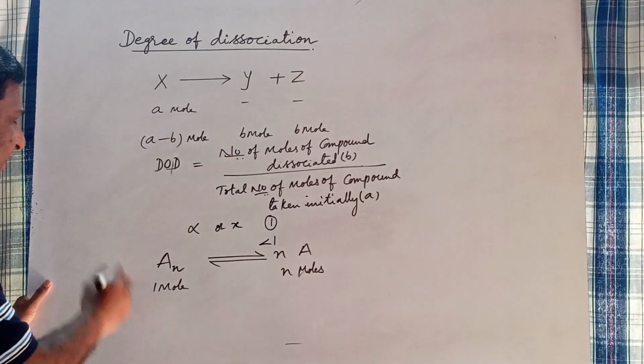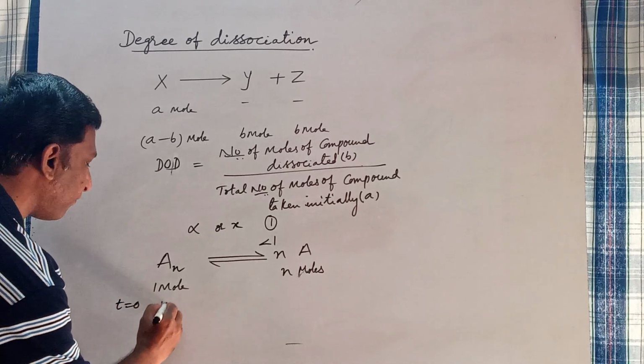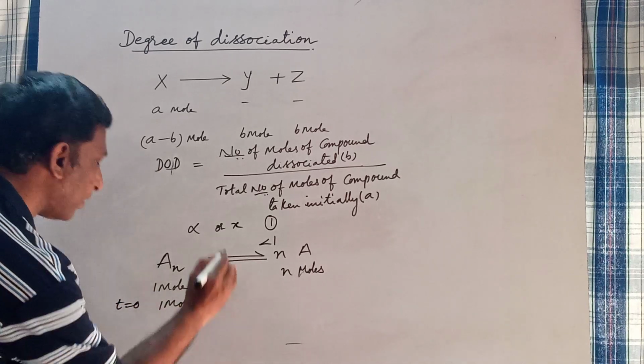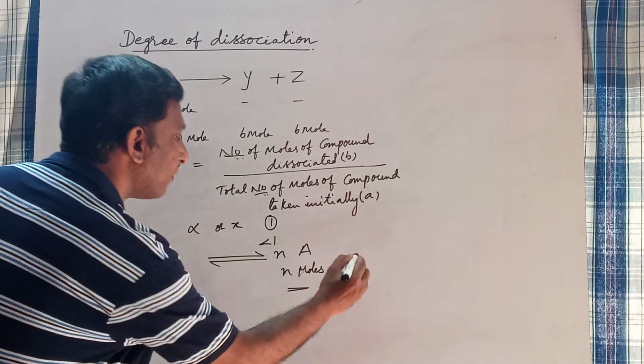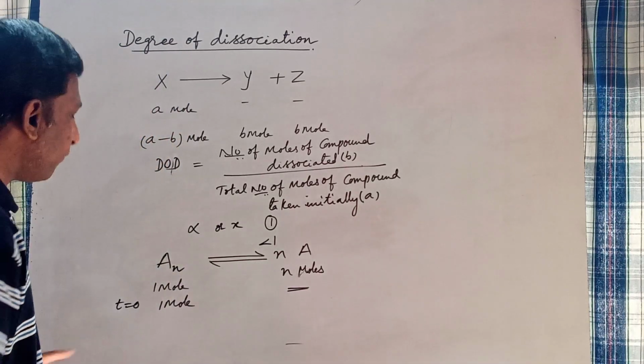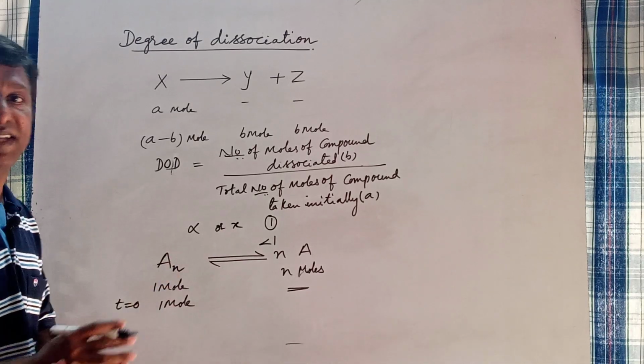Initially, in the beginning, we start with 1 mole of reactant molecule. At that time no products are formed. Only 1 mole is taken in the reaction mixture. 1 mole is present in the vessel.